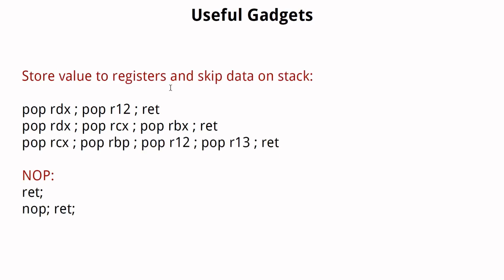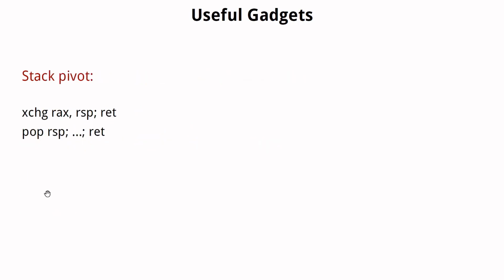Also, if you want a NOP sled, like you had in your shellcode, you can simply find return instructions. You just keep going to that return instruction, so the RSP keeps moving up and you don't really do anything. So you can build something similar to a NOP sled using simply the return gadget, and the return gadget is anywhere. You just need a C3 somewhere.